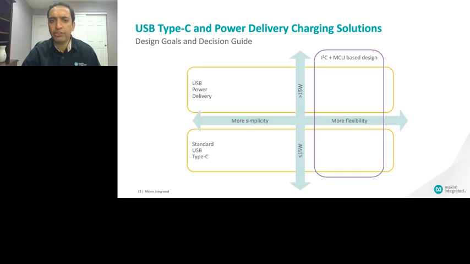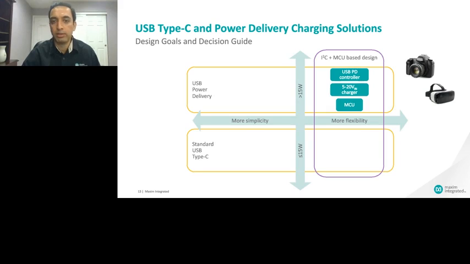Traditionally, you've seen the block diagram for the architecture. What usually was defined before was an MCU-based design with an I2C bus going around all of the different blocks and coordinating the operation of each one. This is what the traditional USB Type-C architecture, and more recently the USB power delivery architecture, has been.